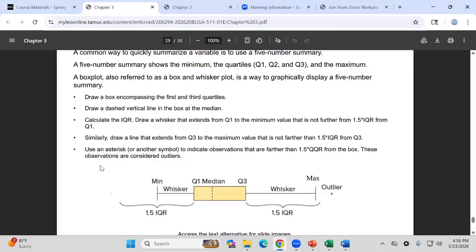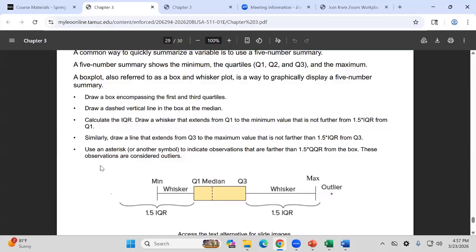If you want to see if a data value is an outlier, is an extreme value of the data set, first, you need to calculate IQR. Then, as a convention, we multiply IQR by 1.5. This is just a convention, right? 1.5.